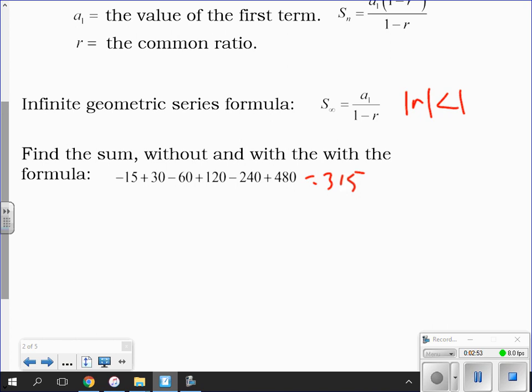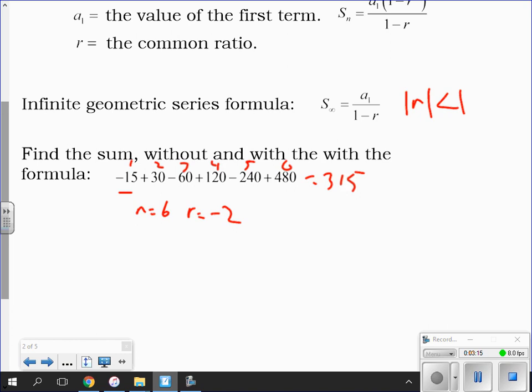Now, however, if I want to find it using the formula, I need a couple of things. I need my first term, which I have. I need the number of terms, and I have 1, 2, 3, 4, 5, 6 terms, so n is equal to 6. And then r is negative 2. How do I get from one number to the next? I multiply by negative 2.